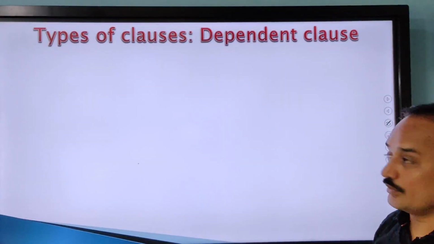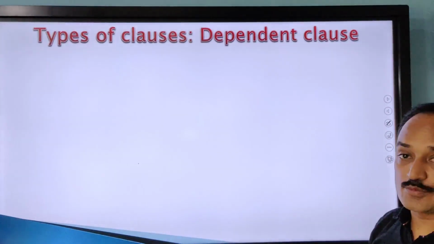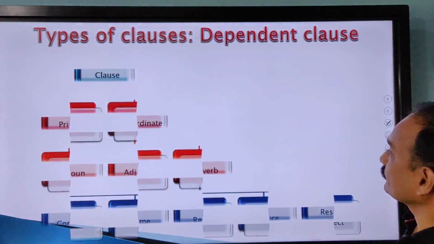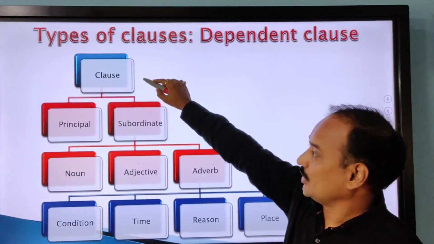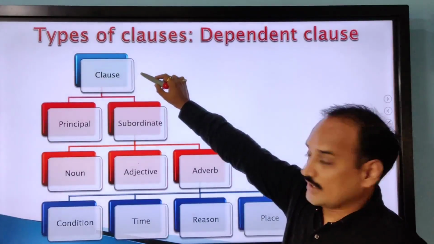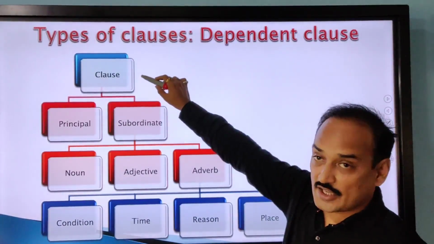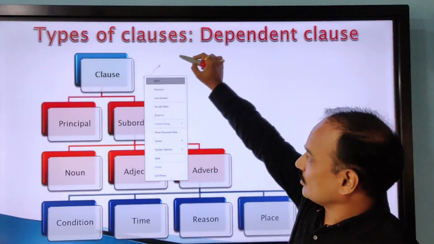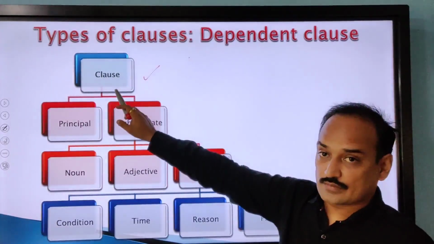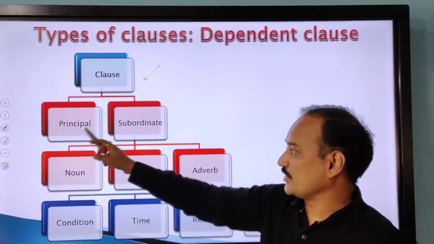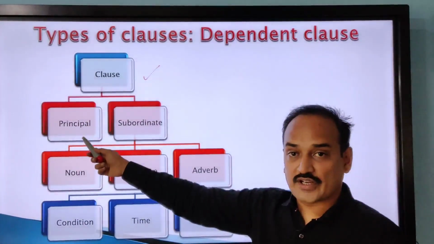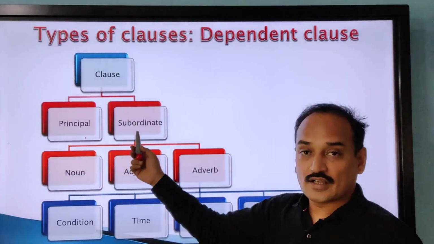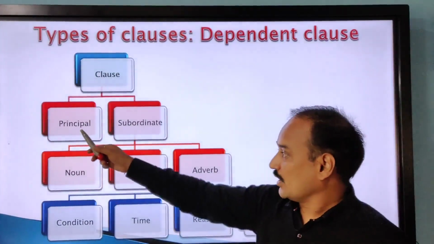Now it is essential to know what the types of clauses are. Already we have studied the main branch of the tree, the stem: the clause. It has two parts, one is principal, another is subordinate. The principal is also called independent, this is called dependent.